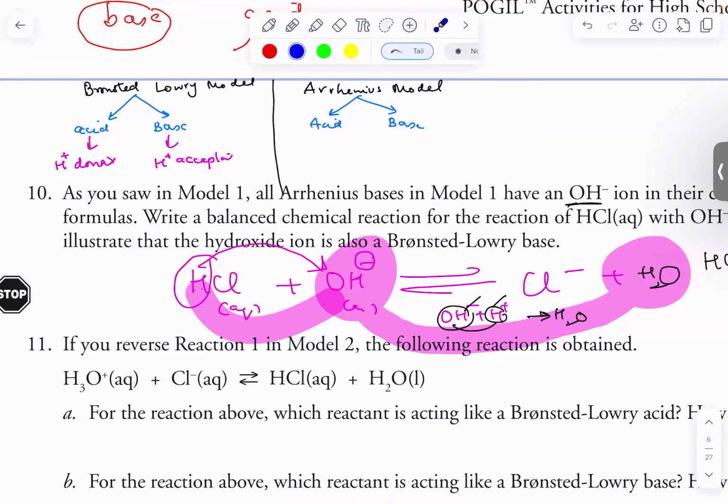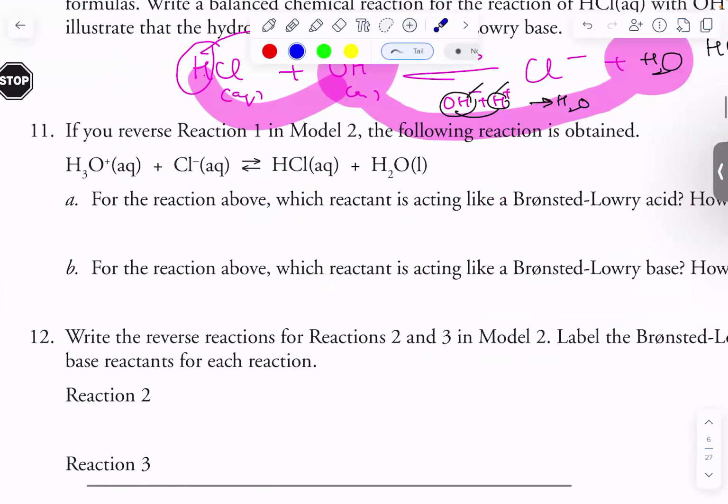Although it is not written in your syllabus, if you keep this in mind, it will be easier for you to understand that acid is a species which donates hydrogen ion. Is it clear? So keep this thing in mind that acid is a species which donates hydrogen ion. Now, next reaction.